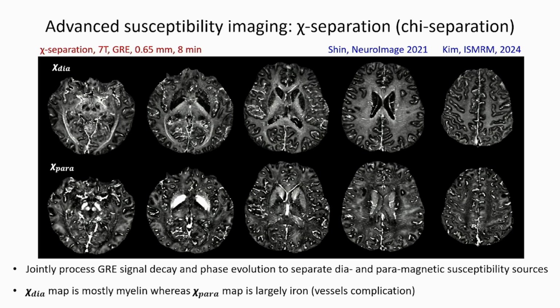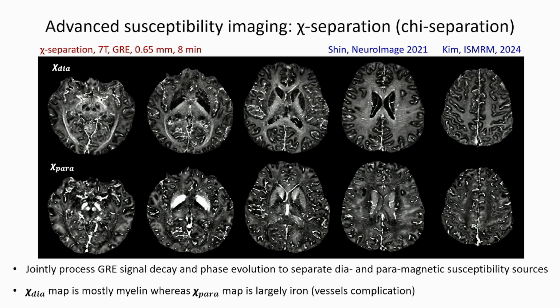Recently, we have developed another advanced susceptibility imaging method. Again, the special advantage of this susceptibility imaging is that you can really go to the high field and generate these high resolution images in a reasonable scan time. So in this particular technique, we acquired the data at 7T at the resolution of 0.65 millimeters in 8 minutes of scan time.